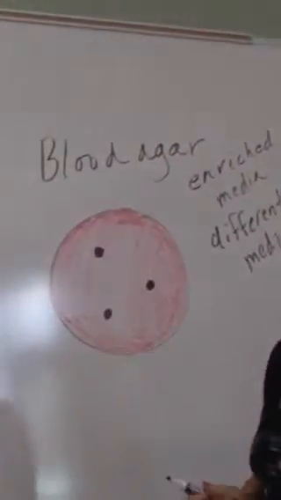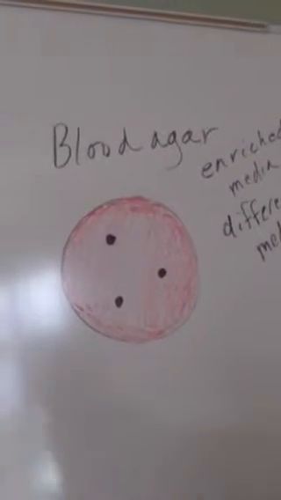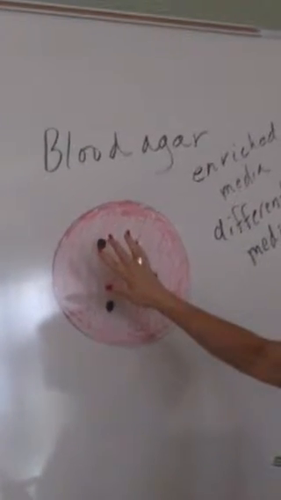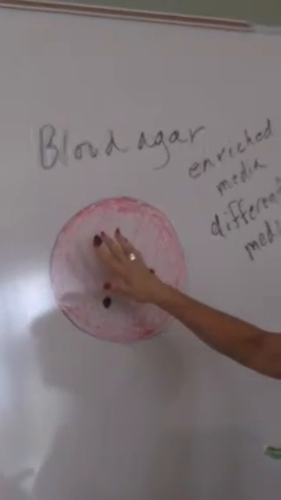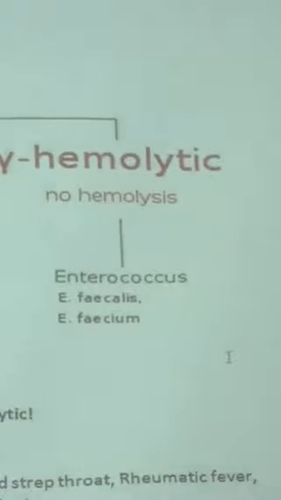We don't know which one is which, but if the agar is unchanged, it did not use the blood, then it's no hemolysis. Gamma hemolysis is no hemolysis.